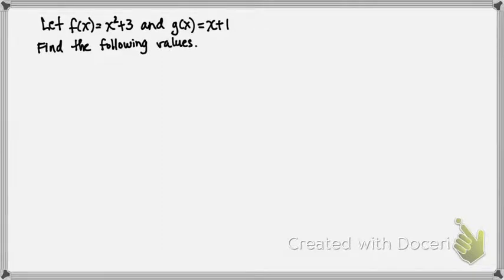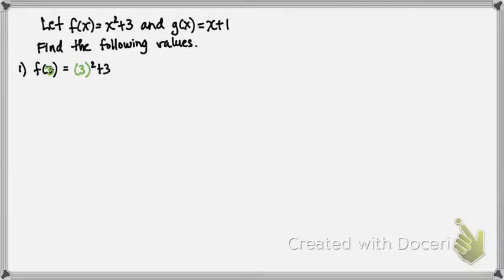So we're going to start with f at 3. Okay, so what that tells us is that we're going to use the input of 3 in for the x. So it's 3 squared plus 3.